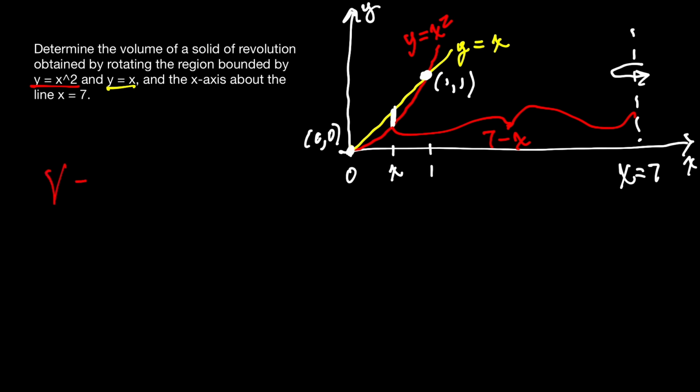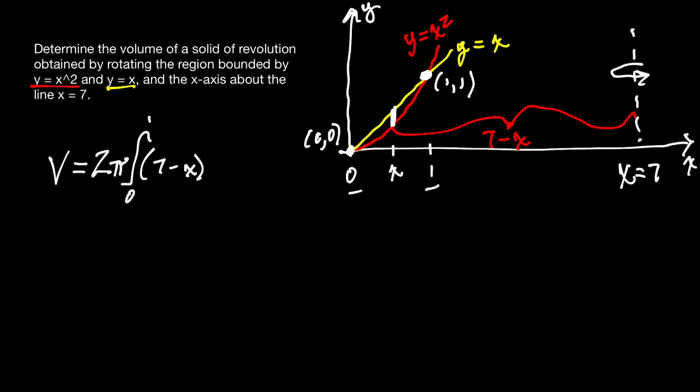So let's go ahead and set this up, shall we? The volume is going to be 2 pi times the radius, which is the distance around the shells that I'm building, but I have to multiply it by the radius first. So we're going from 0 to 1. And the radius of the shell is going to be 7 minus x.